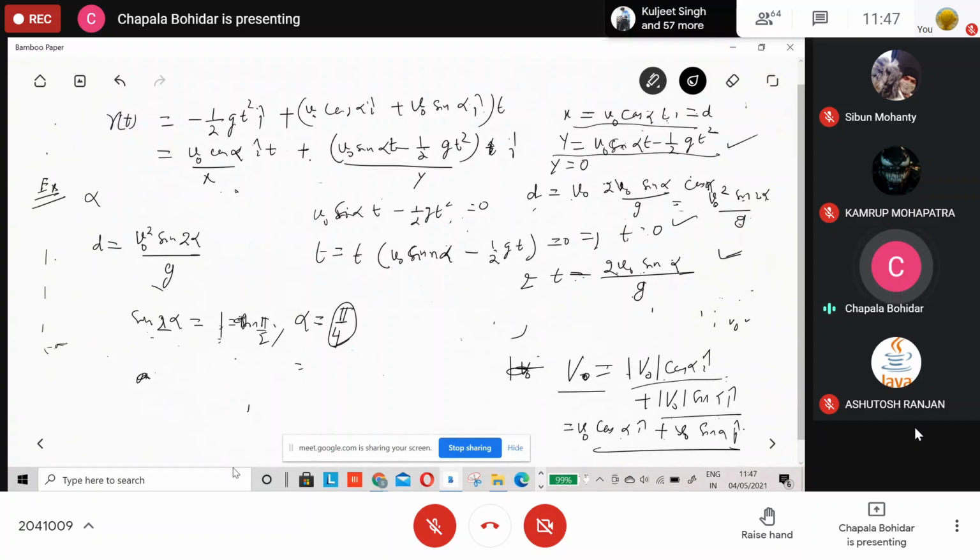If t is equal to 0, the distance is also 0. For the other value, we find the distance and when it is maximum. Now we have another example using all these formulas. Have all of you written the formula? I'm going to the next example.